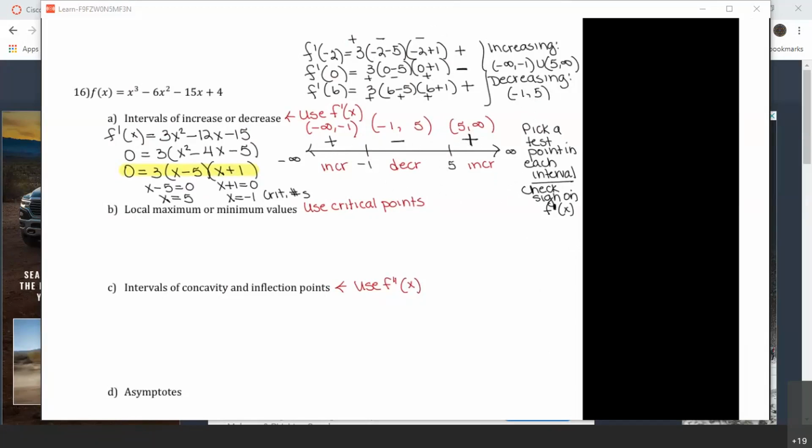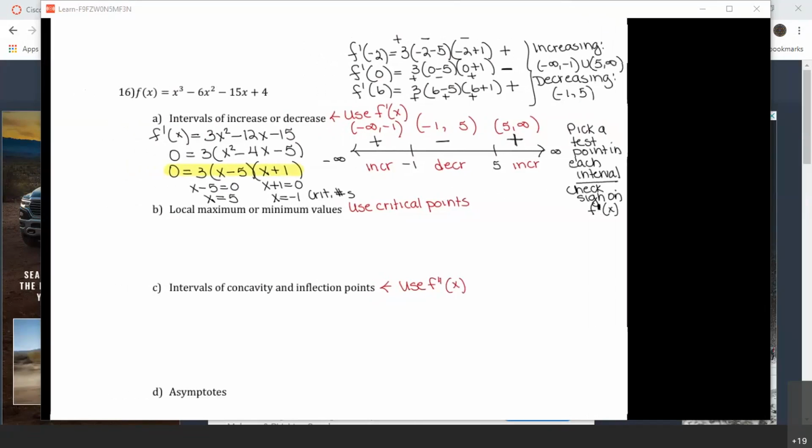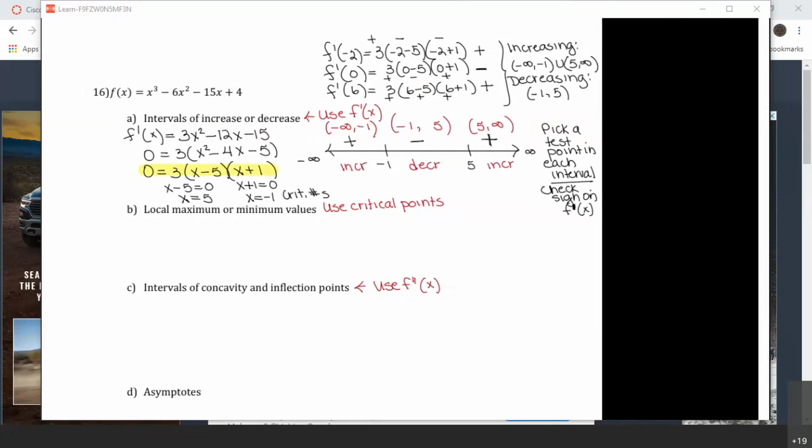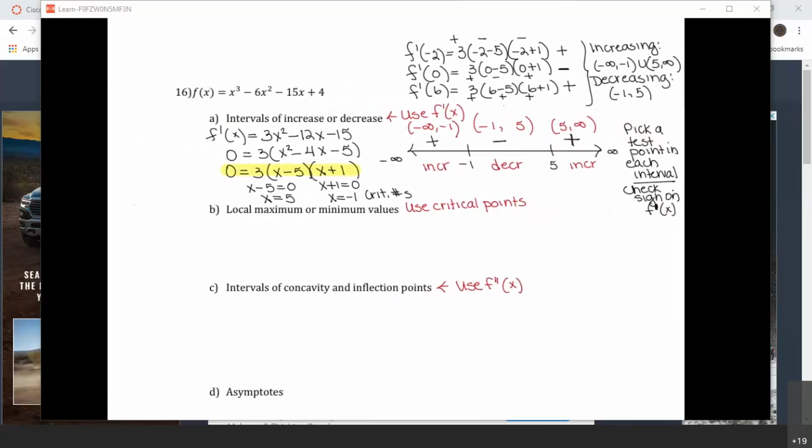Okay, now this will also tell me what gives rise to the maximum and minimum values. I know one will be at where x is 5. So I have 5, f of 5. Again, I did this on my calculator ahead of time.